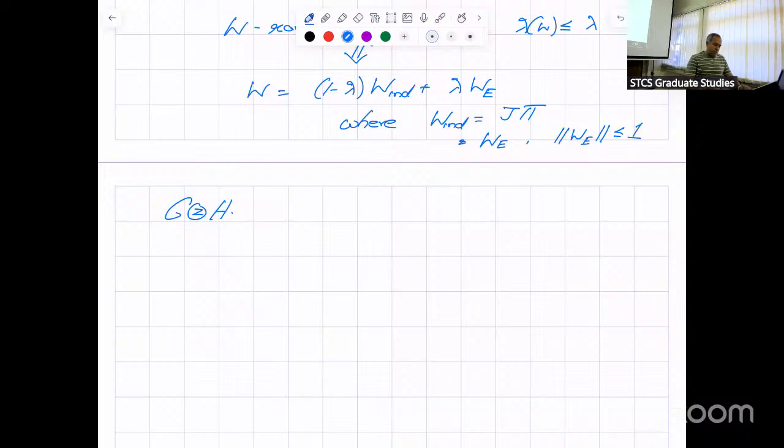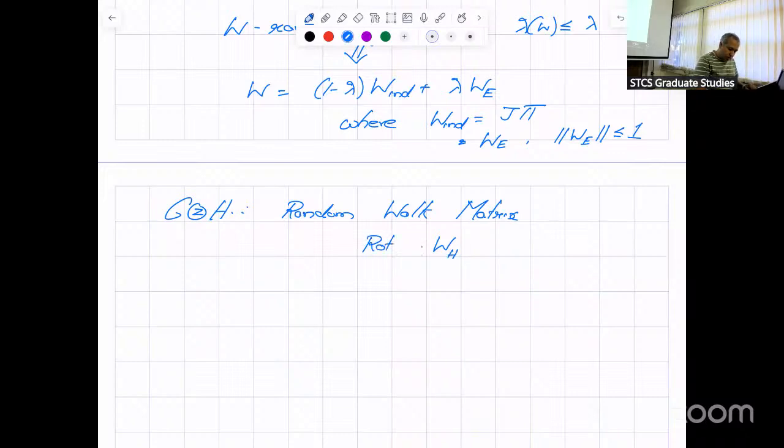How can I write the random walk matrix for this?